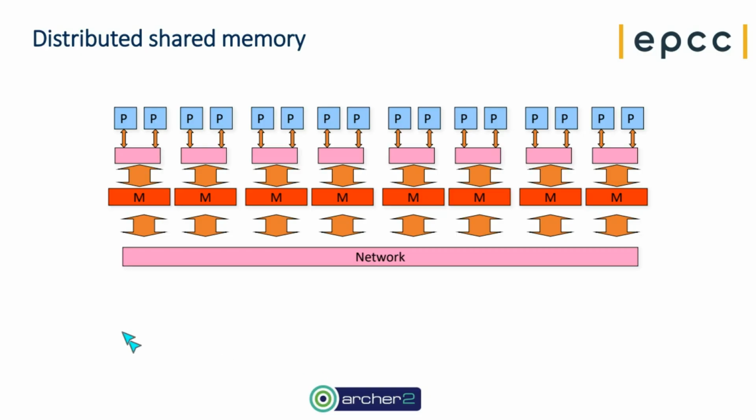So what's actually done instead is that main memory is split up into different pieces. These are connected together, but still give the illusion of a single address space. So it looks like shared memory, even though the memory is physically split up into blocks.